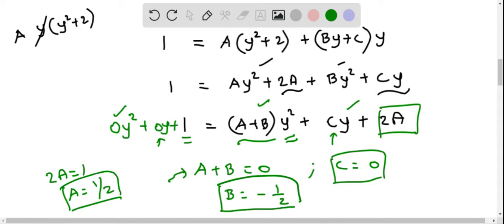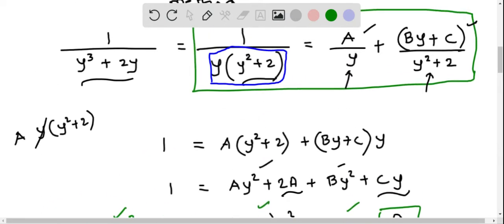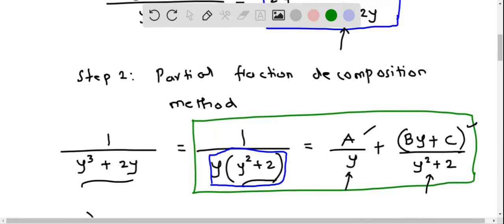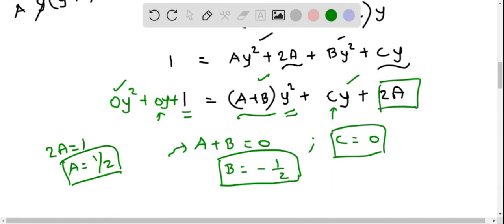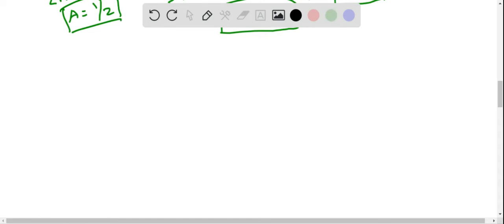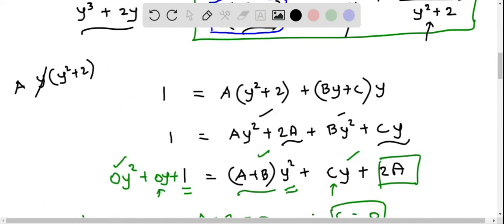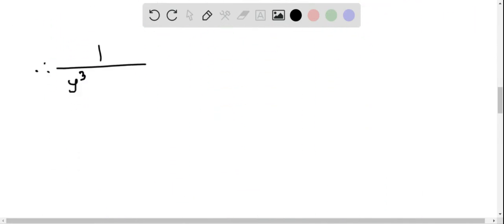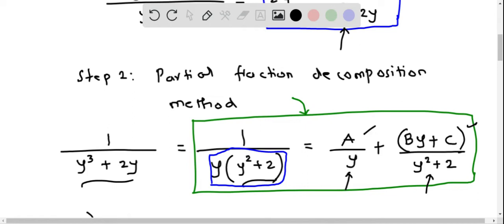And thus we have determined all the constants, which means we can plug them into this equation so that we write it as a sum of partial fractions. And so therefore, we can rewrite this proper rational function, that is 1 over y cubed plus 2y, and this equals a divided by y.